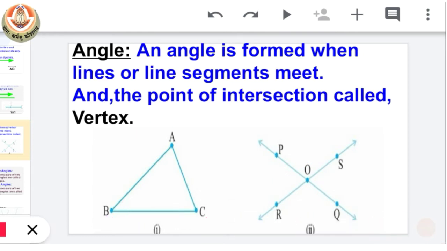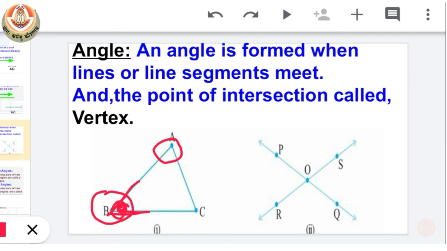Okay, now another important point is the point of intersection called the vertex, meaning where these lines or line segments meet, we call that point the vertex. For example, here, where these two line segments are meeting, the point where they intersect is called the vertex, and the vertex is the place from where we can identify or define what the measure of the angle is.